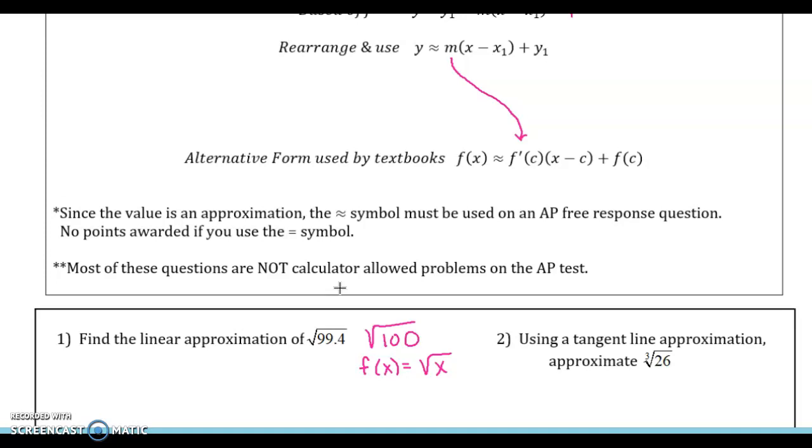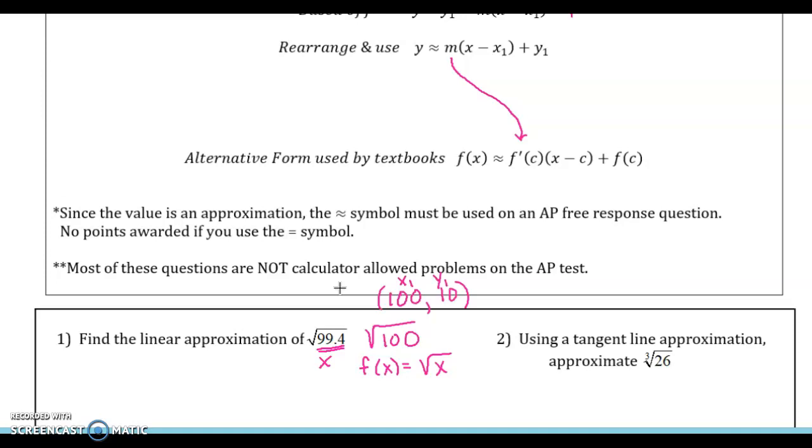Our point value is going to be 100, so if x is 100, then when I plug that in, the square root of 100 is 10, okay, and so that's my x1 and y1. But we know that this is really the x value. So I'm not going to put a subscript on that.